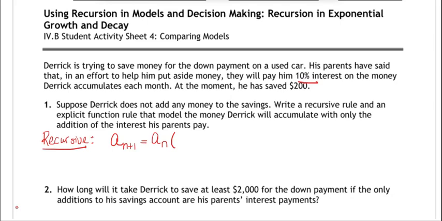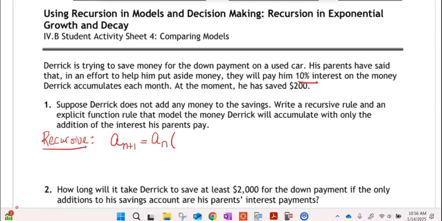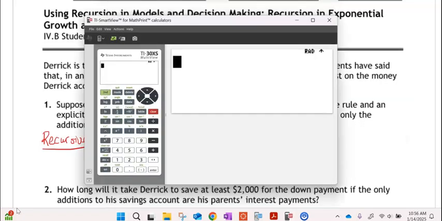But let me show you in the calculator. Let's take $50. If I have $50 and I want to multiply that by 10%, I'm going to multiply by 0.10. That's that 10%, right? Well, it gives me 5. That's because multiplying by 0.10 gets me 10% of that 50.